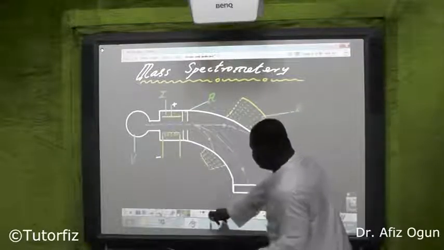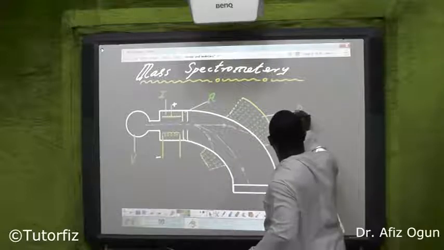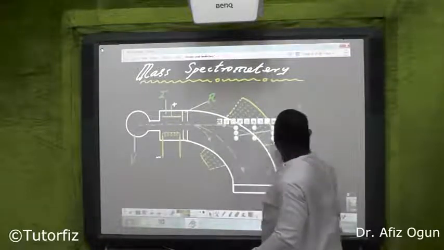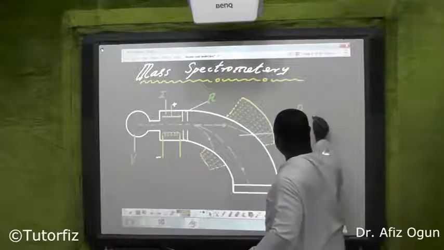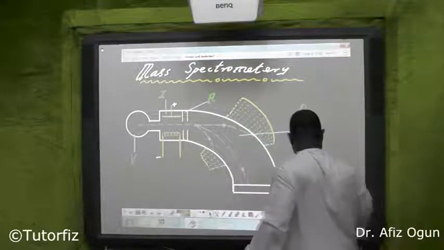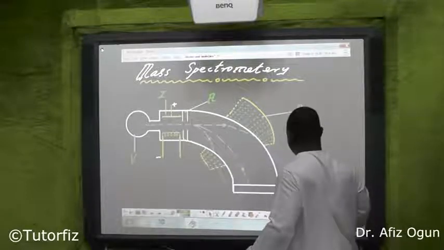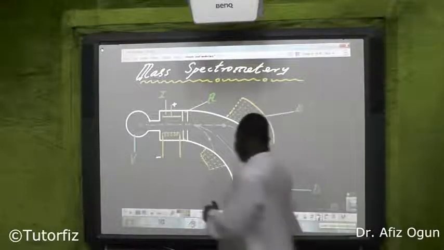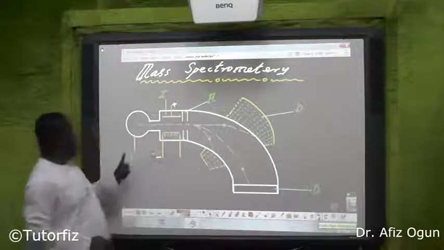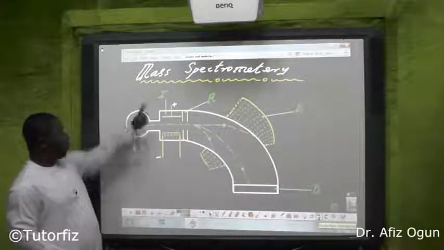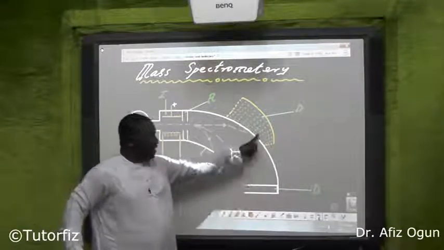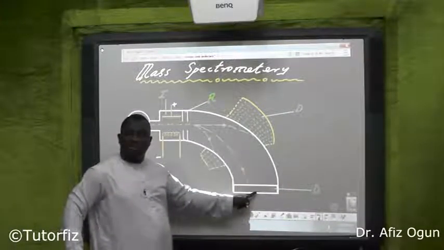This is the magnetic field, and deflection takes place here. The magnetic field causes the deflection. And on this side is the detector. You can see vaporization, ionization, acceleration, deflection, detection.